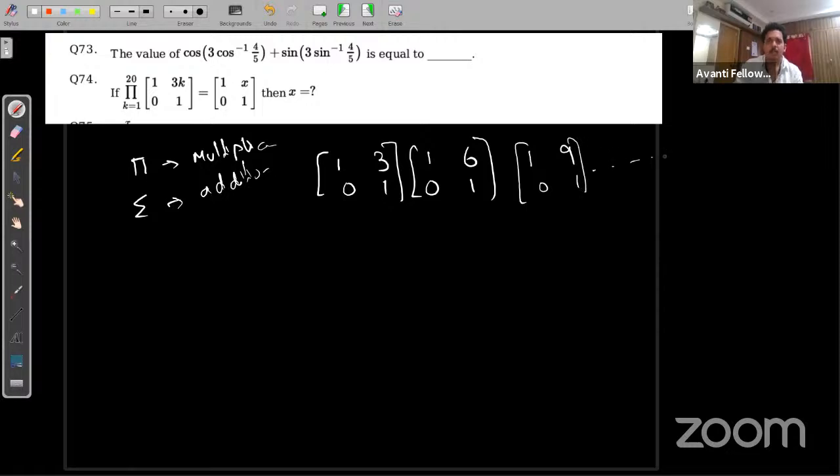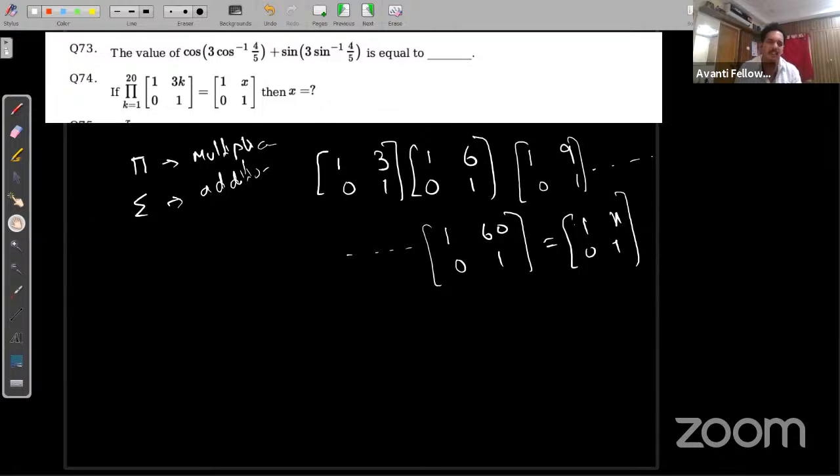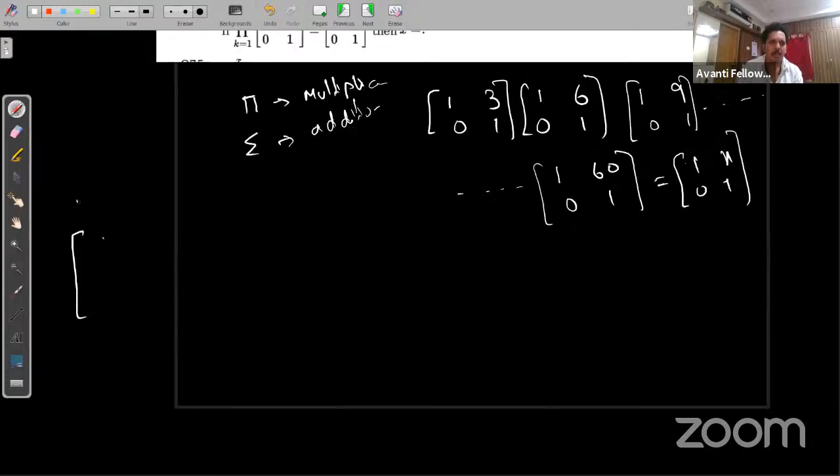So on till the last one, which is 1 60 0 1, that is 20 into 3, 60. The product is equal to 1 x 0 1. Okay, guys. So what is happening? He's asking the value of x. It is very easy. See, this kind of question you have to be very simple. See, whatever matrix is in the form like this, 1 a 0 1.